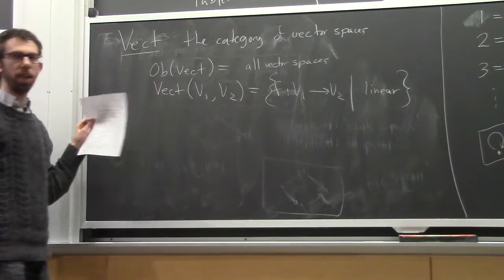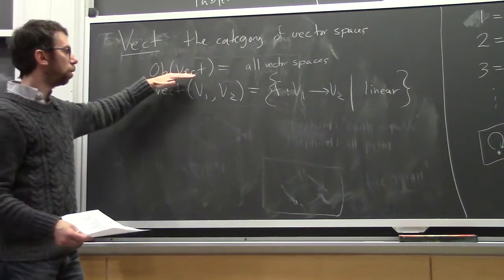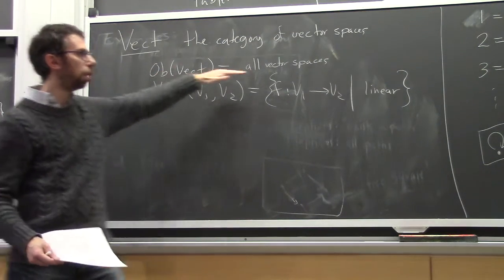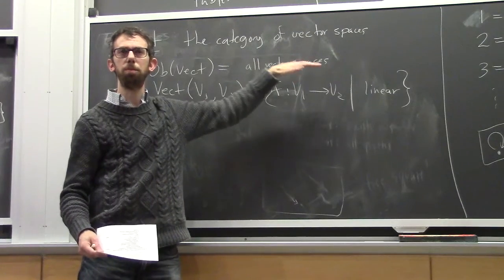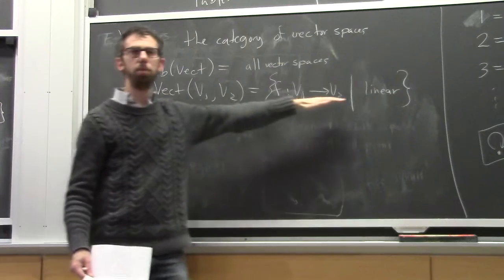The identity is the usual identity, the composition is the usual composition. Same with groups, same with posets. The category of posets has as objects all posets, or partial orders, or preorders, and as morphisms, all monotone maps.